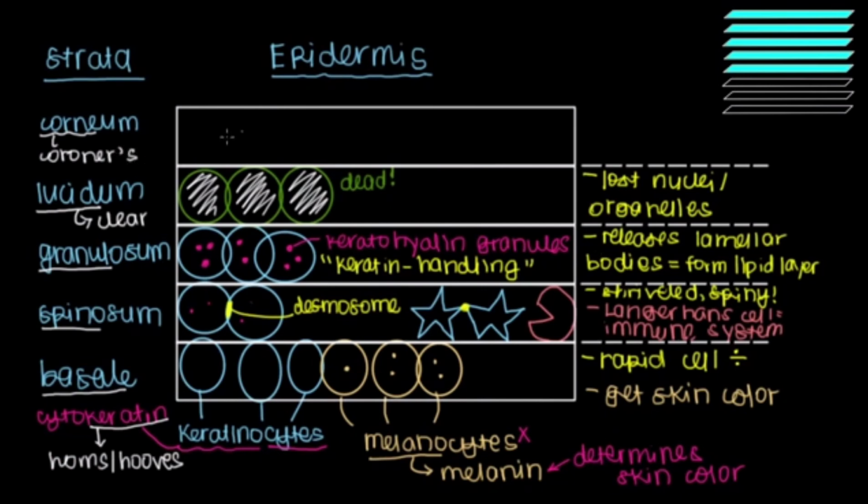Also dead skin. One key characteristic of your stratum corneum is that it's composed of a stack of flat, simple keratinocytes, almost 15 to 20 layers of epithelial cells.